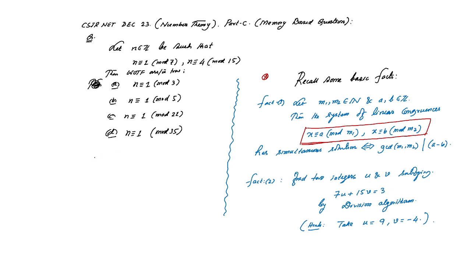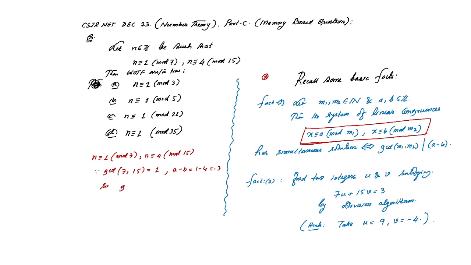Here we are given the simultaneous linear congruences n is congruent to 1 mod 7 and n is congruent to 4 mod 15. So we calculate the GCD of m1, m2, that is 7 and 15. This is 1, and a minus b is 1 minus 4, that is minus 3.